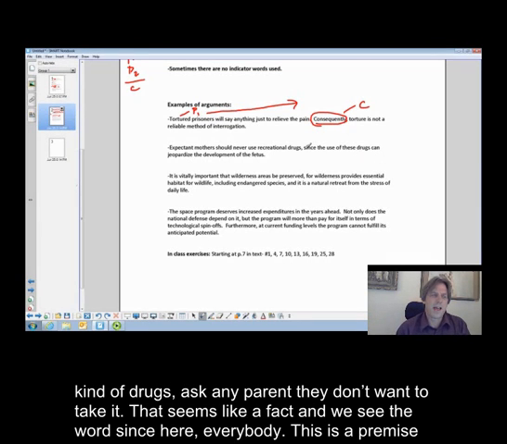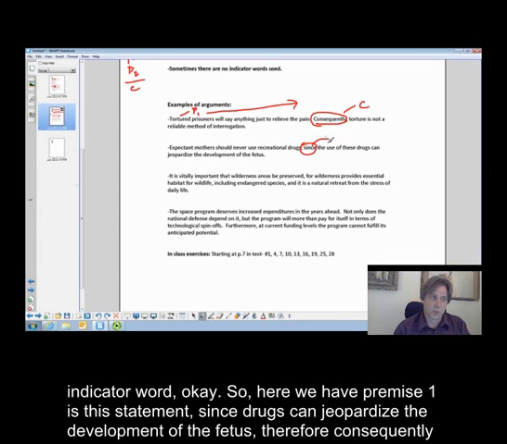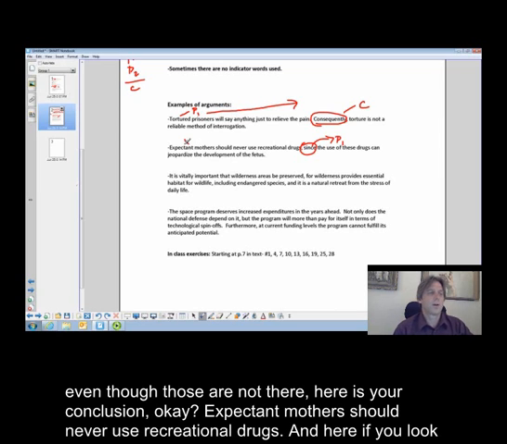That seems like a fact, and we see the word since here, everybody. This is a premise indicator word. So here we have premise 1: since drugs can jeopardize the development of the fetus, therefore, consequently, even though those are not there, here's your conclusion, okay?